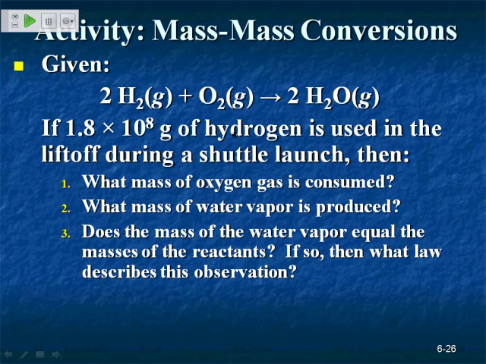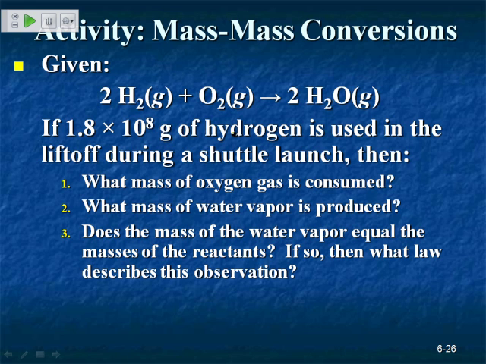Let us do another activity on mass to mass conversion. Hydrogen burning with oxygen forming water is a reaction used in shuttle launch, because the simple formation of water from its elements produces lots and lots of heat energy, and that's the energy they use for shuttle launch.